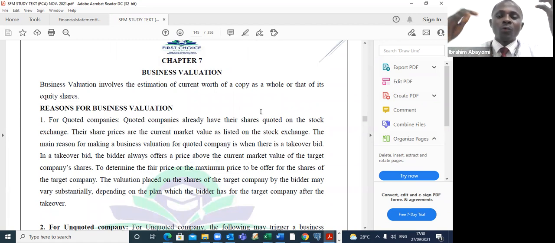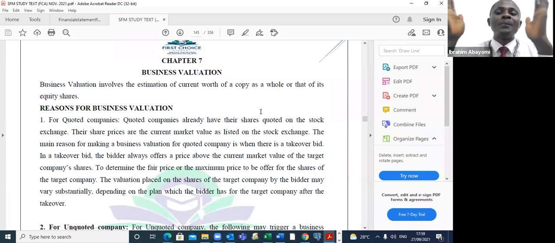Now, what will make me value a quoted company? A quoted company already has its shares listed on the market. So why do I need to value that company? I will need to value a quoted company, number one, when the company is to merge with another company. A quoted company wants to merge with another company.